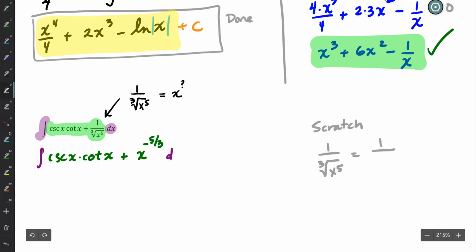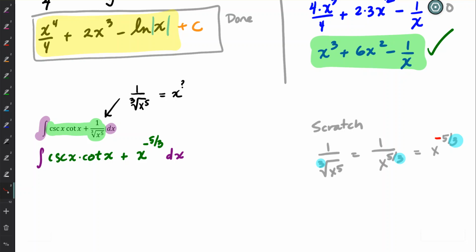Remember, the denominator of the fractional exponent is the root that you were taking. This is x to the 5/3 power. And negative exponents are notation for reciprocal. This is x to the -5/3 power. All right. So I have not done any integrating yet. I just did this little bit of algebra and wrote this in an equivalent form so I can do power rule in reverse.